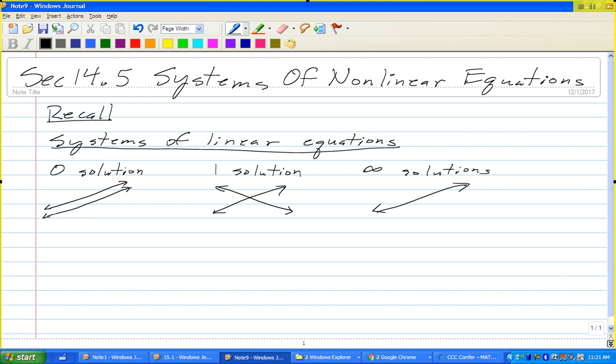Those are the only three options we had for linear equations. So systems of linear equations could have 0, 1, or an infinite number of solutions.